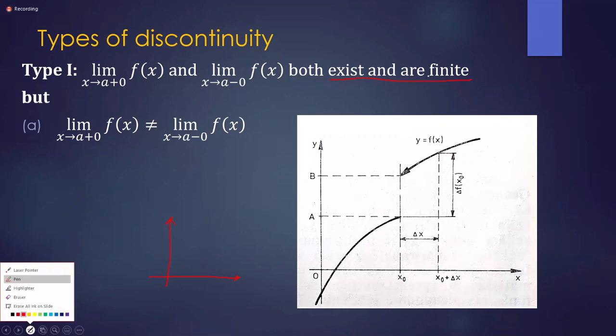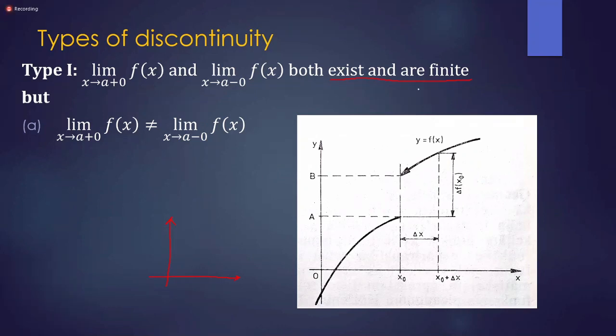What this means is, on one side, the limit when x tends to a from the left is one number, and from the other side the limit when x tends to a is another number. So you see there's this gap, a leap or a jump.